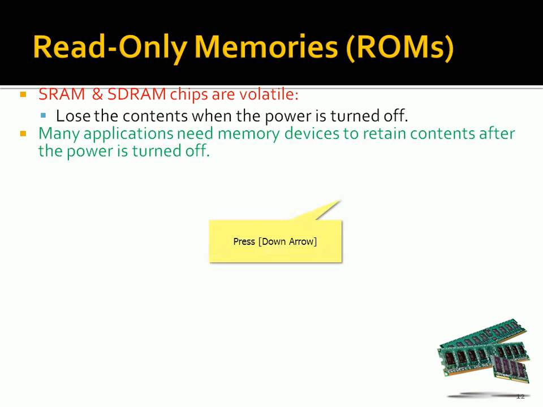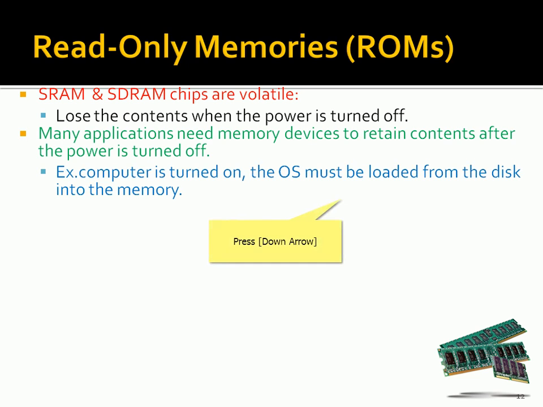Many applications require such a device to retain contents even after the power is off. The majority of applications need data maintained during power-off. For example, when the system is switched on, the OS must be loaded from the disk into the memory, for which non-volatile memory is required.